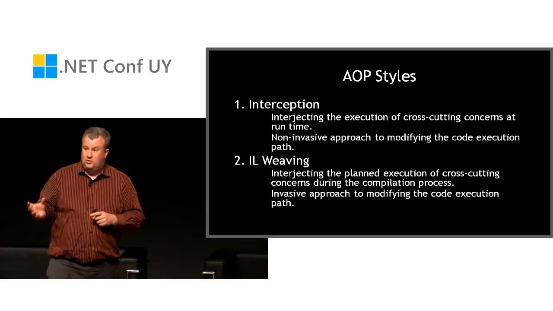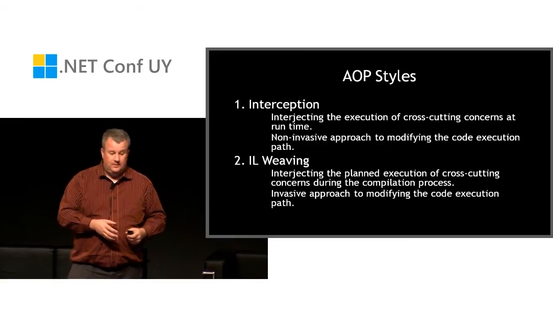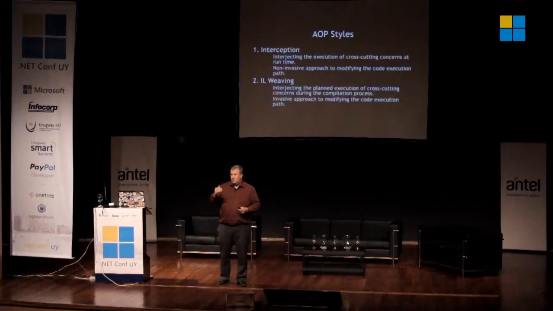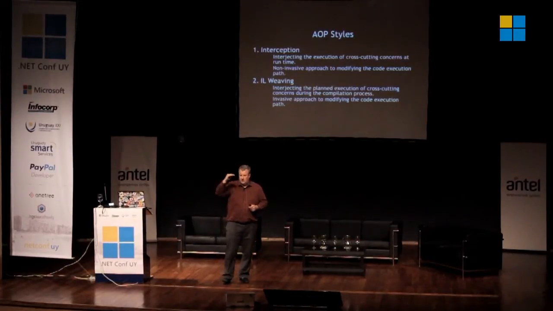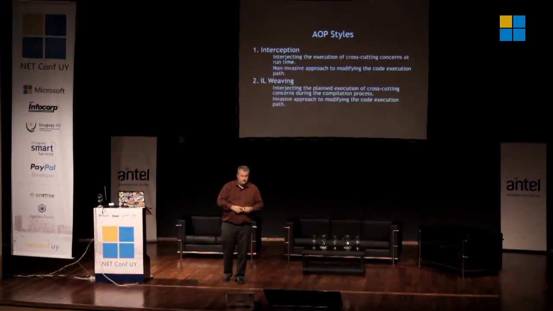So if you're using an IOC container, you can do interception quite easily. Basically, you're saying, take that pattern of do something, then run the original code, then do something else at the end of it, and you're implementing that pattern within what's called an interceptor. It's very easy to do if you already have IOC in your application.